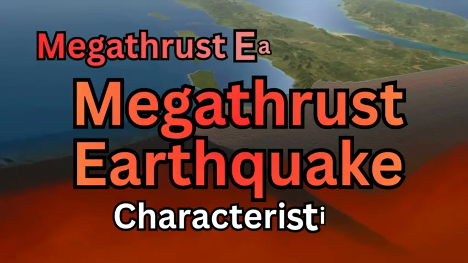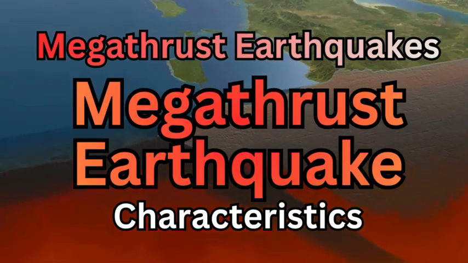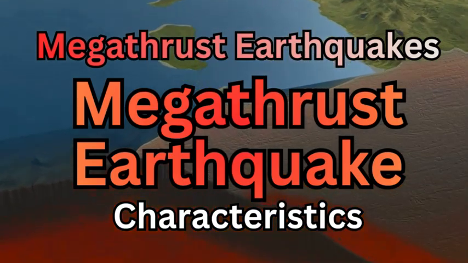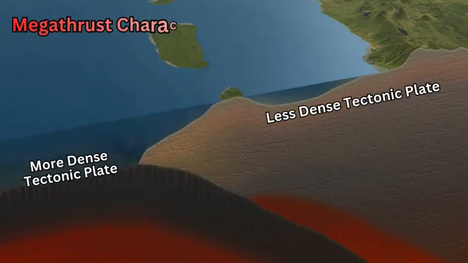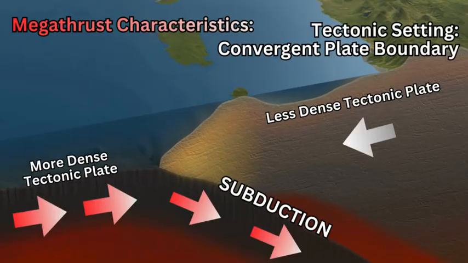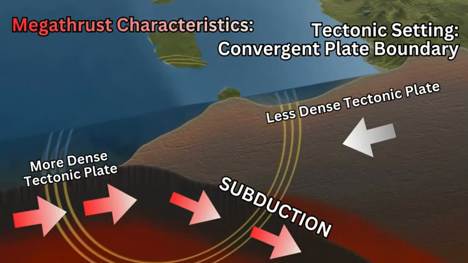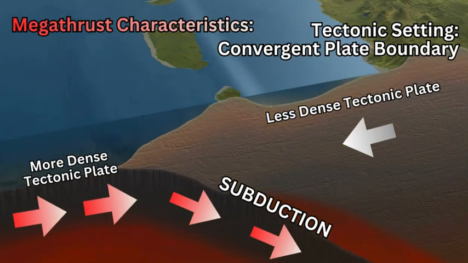So now we know what a thrust fault is in regards to a reverse dip slip fault with a certain angle of the fracture or fault line. And if we take this into a real life situation, we're going to look at convergent plate boundaries where two plates are converging or colliding, and we have a difference in density between the two tectonic plates based on its geology, its thickness, and its composition.